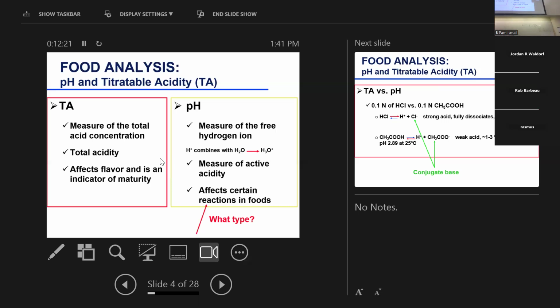Other than chemical reactions, microbial growth. That's why for pasteurization of acidic food, less than 4.6, we pasteurize at a lower temperature, because pathogens get killed at lower temperature under acidic conditions. What other? There's one more. Thank you, Griffin. Yes, enzymatic. Every enzyme has an optimal pH. So in food, pH is very important because it impacts enzymatic, chemical, and microbial growth.